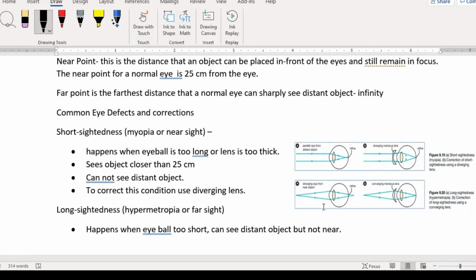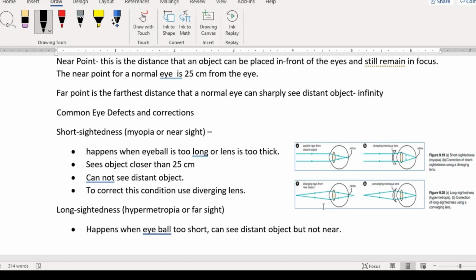Now, what is happening is that the eyeball is generally a bit longer than usual, or we could say that the lens is too thick. So there are two things that can happen: the eyeball is too long or the lens in the eye is too thick.